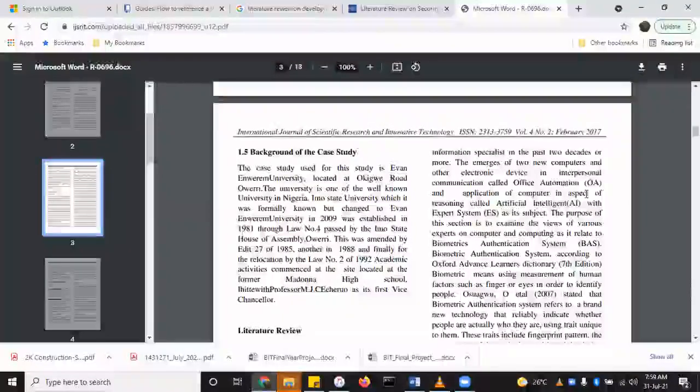An application of computer in aspects of reasoning called artificial intelligence, or AI, with expert system as its subject. And the purpose of this session is to examine the views of various experts on computer and computing as it relates to biometric authentication system.